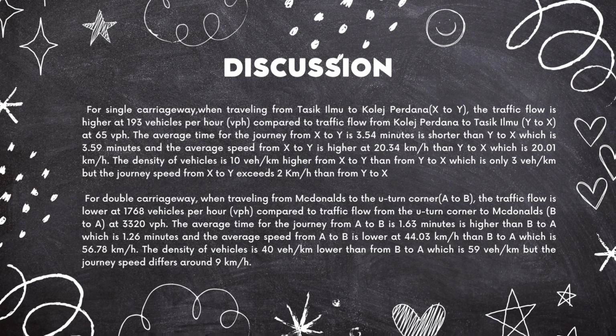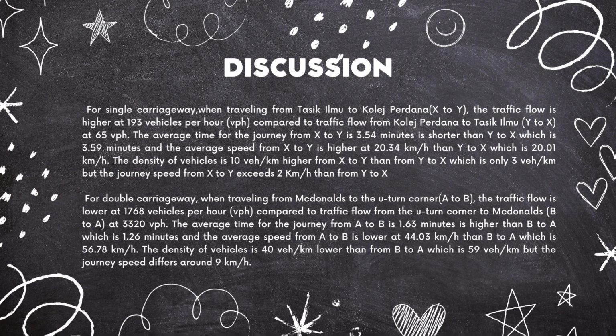For the dual carriageway, when traveling from McDonald's to the U-turn corner, A to B, the traffic flow is lower at 1,768 vehicles per hour compared to the traffic flow from the U-turn corner to McDonald's, which is B to A, at 3,320 vehicles per hour.